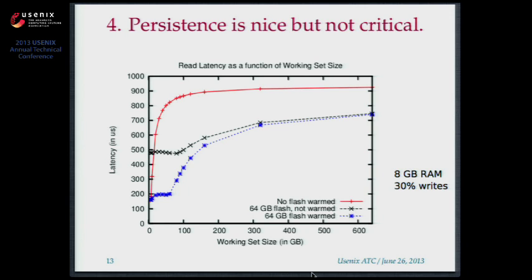And the middle line is the flash, but without warming it first. We normally run our traces to use the first half to warm the cache and the second half to measure on. For that line, we threw away the first half and measured on it, starting with an empty flash. So the flash then has to fill, and this takes a while and gets you really low latencies and so forth.